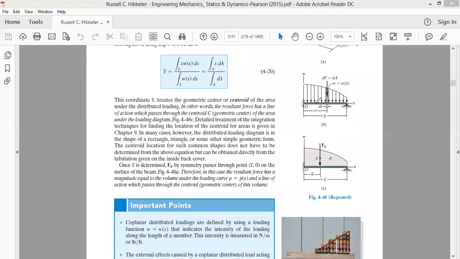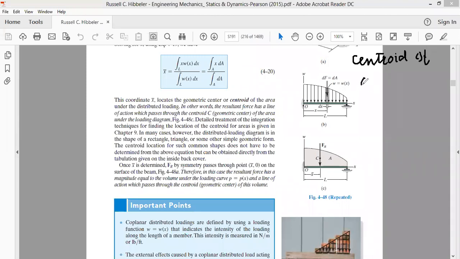The question is the same: we have to replace the actual loading condition by loads. We have to maintain the magnitude of the actual load as well as the moment of the actual load. In order to do that, we have a concept called the centroid of figures, the centroid of a plane area.